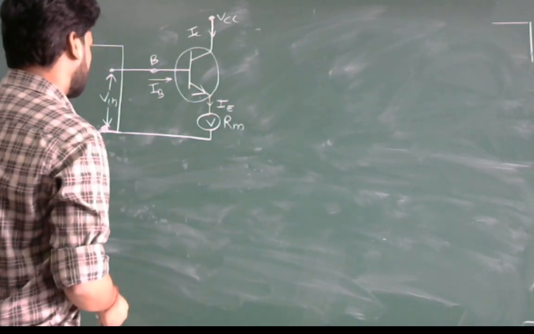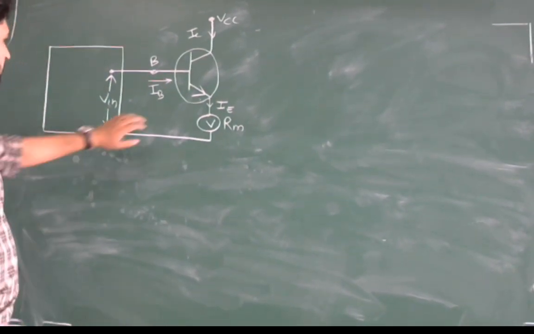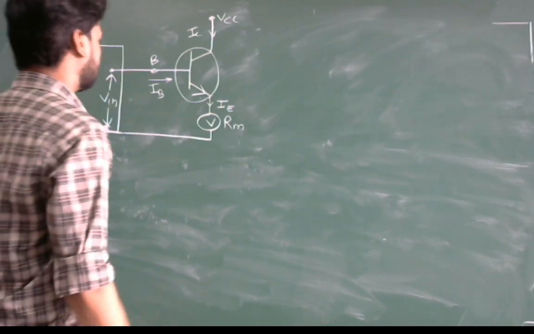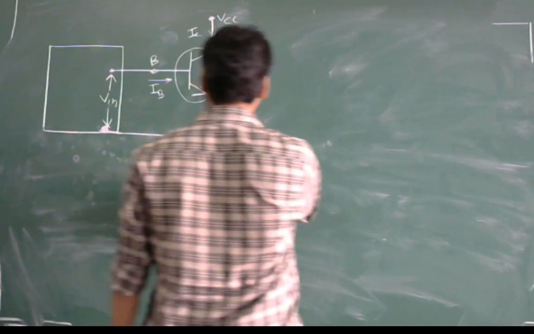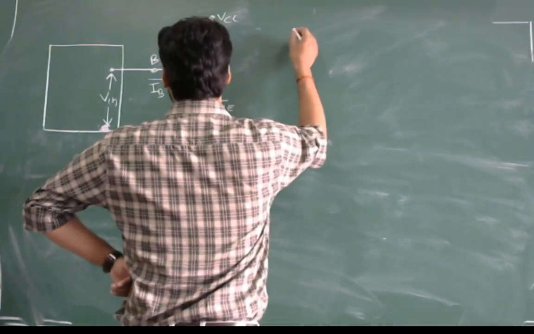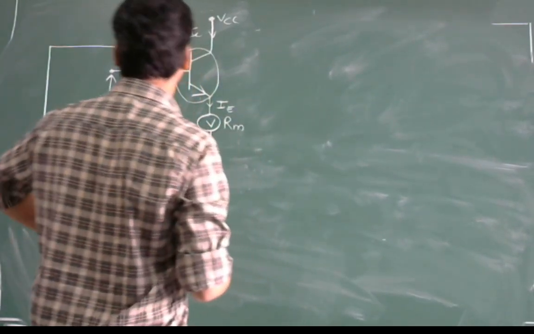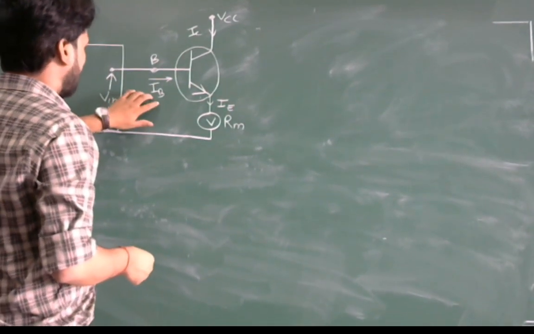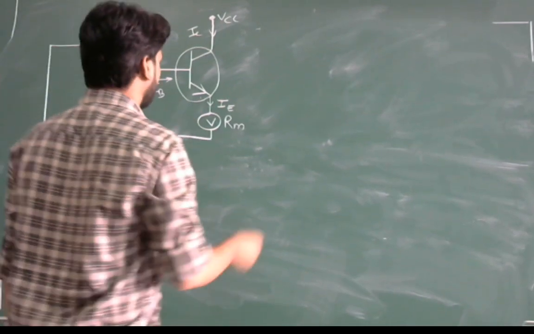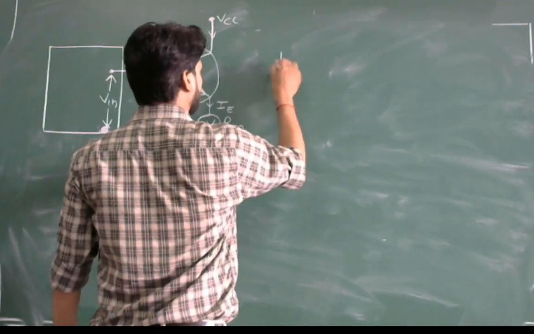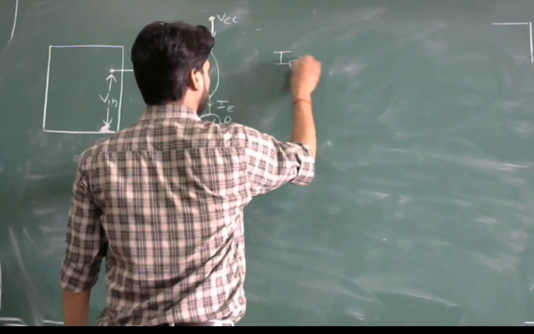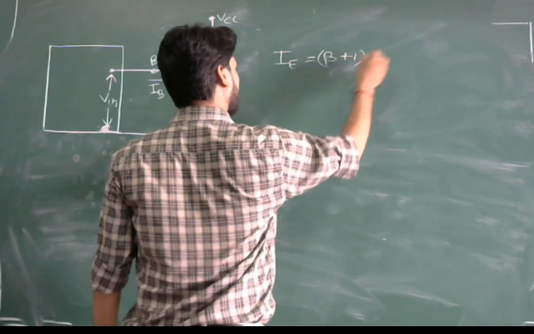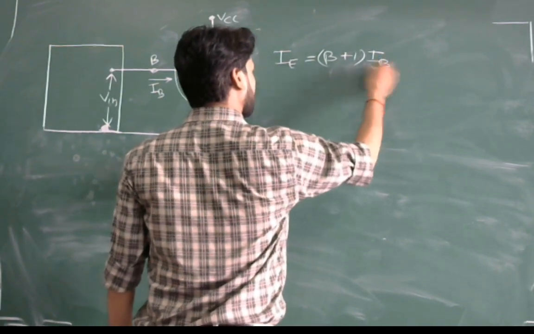We can calculate the current going in the voltmeter if the base current is IB. We can write IE is equal to beta plus 1 into IB.